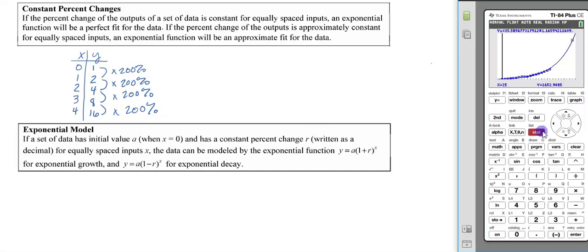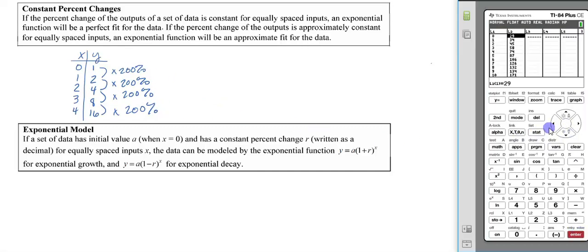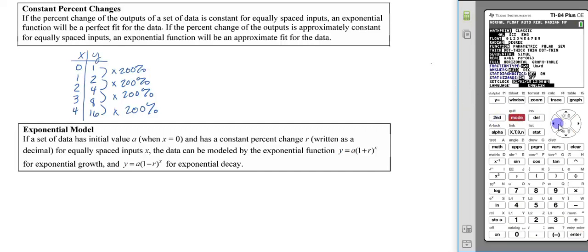You could even see with putting this into our set of data in the stat editor, and let's go and make sure that in the mode we have our stat diagnostics on.